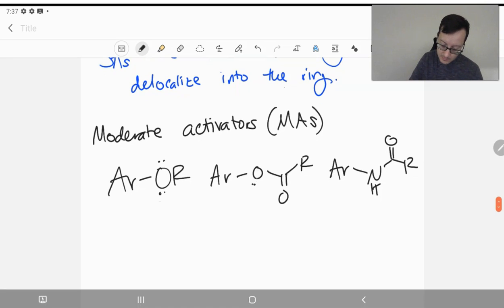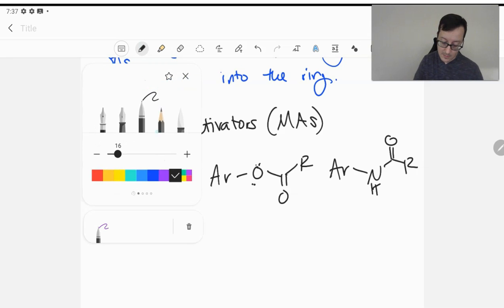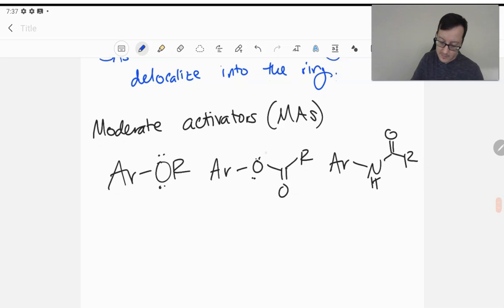The lone pairs on this oxygen could resonate into the ring. They could resonate that way. But they're also resonating into the carbonyl. So those lone pairs are already tied up in other resonance. And so we see that esters and amides will be moderate activators because they are already being used for resonance elsewhere. So they're not as free.